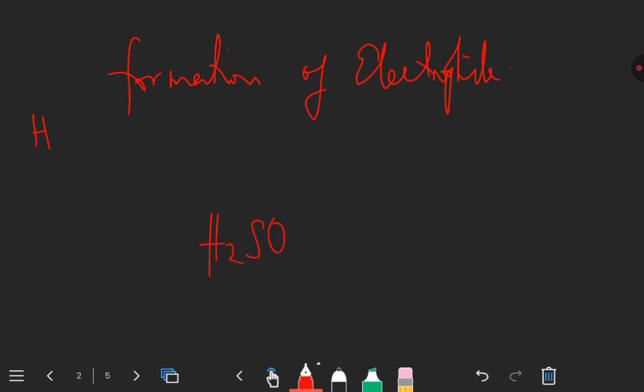It's written like this, right? It's sulfuric acid. But see how I'm going to write it. I can also write this sulfuric acid in this manner. I can write it like this.